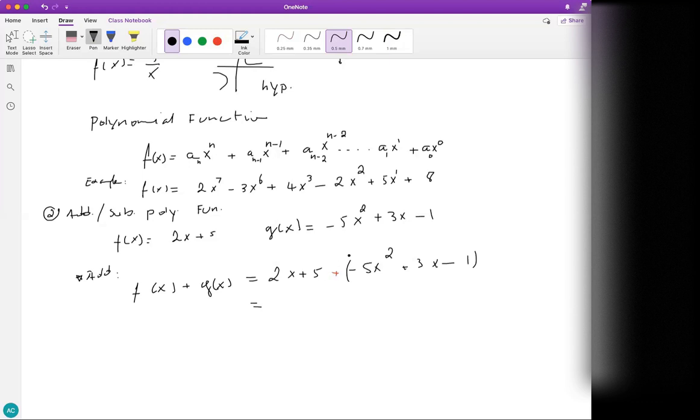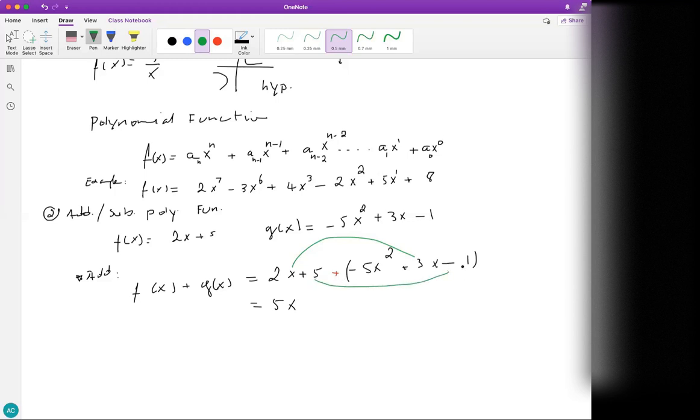Okay, if this was a minus, you would distribute first. We're going to see that when we subtract. For now, it's an addition, so we just combine like terms. So we're going to combine these two: 2x plus 3x. Again, combine the coefficients with the signs. It's a positive 2. We have a positive 3, so that's positive 5x. And we combine 5 and minus 1.